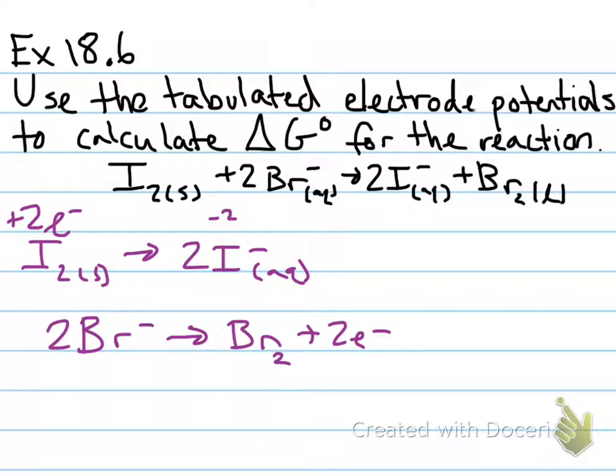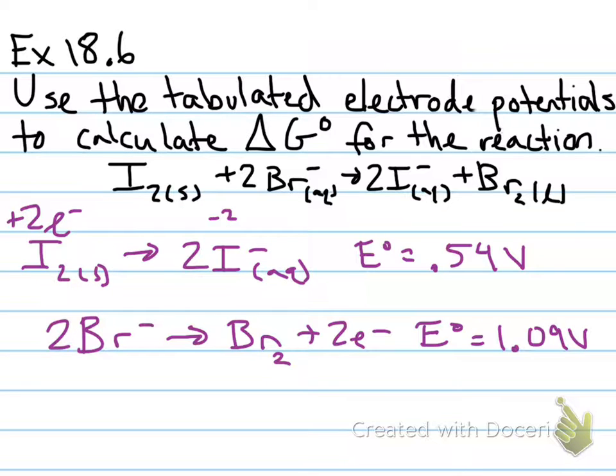Okay, so we have these two reactions, and according to our chart, that chart of reduction potentials, our electrode potential for iodine is 0.54 volts, and our electrode potential for bromine is 1.09 volts. Now we need to figure out what is being oxidized in this scenario and what's being reduced.